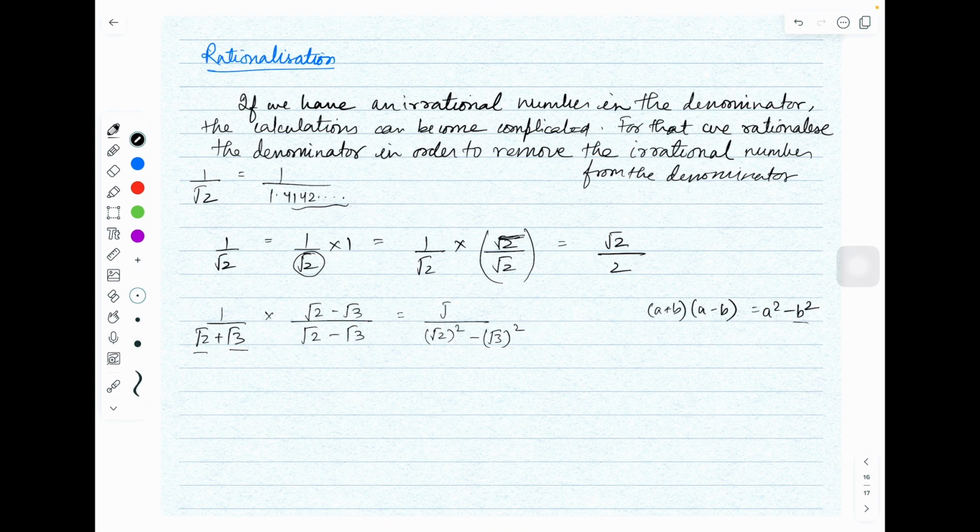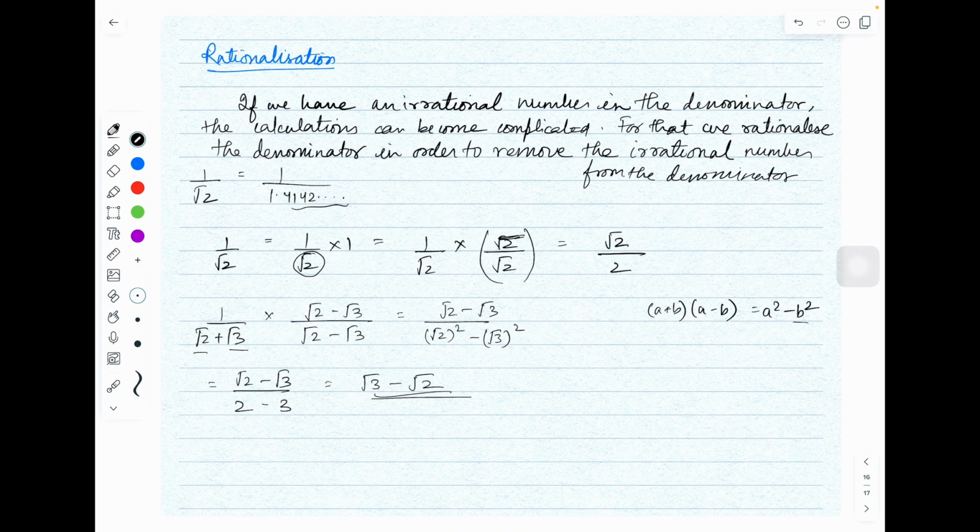At the top the expression will remain like this, root 2 minus root 3. Root 2 square is 2, root 3 square is 3. And 2 minus 3 is minus 1. So the question will become root 2 minus root 3 over minus 1. If you multiply minus 1 with this, it will become root 3 minus root 2. This is the answer.